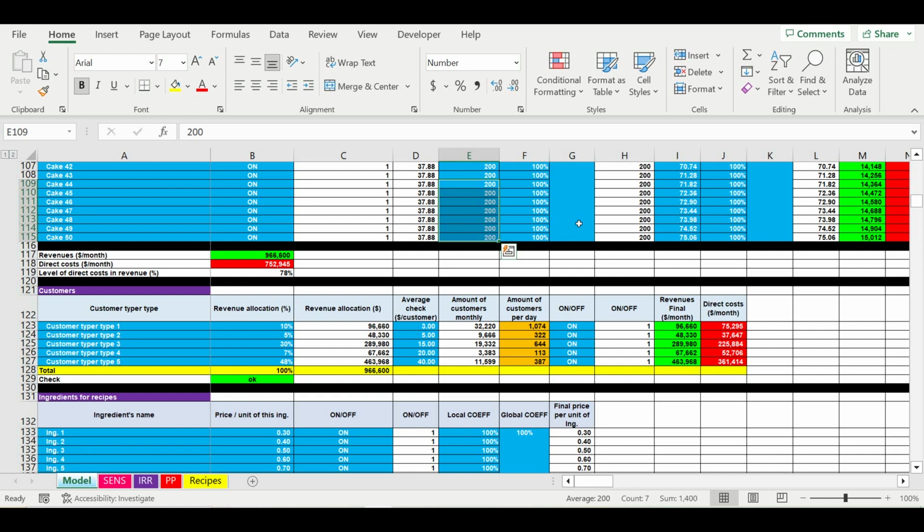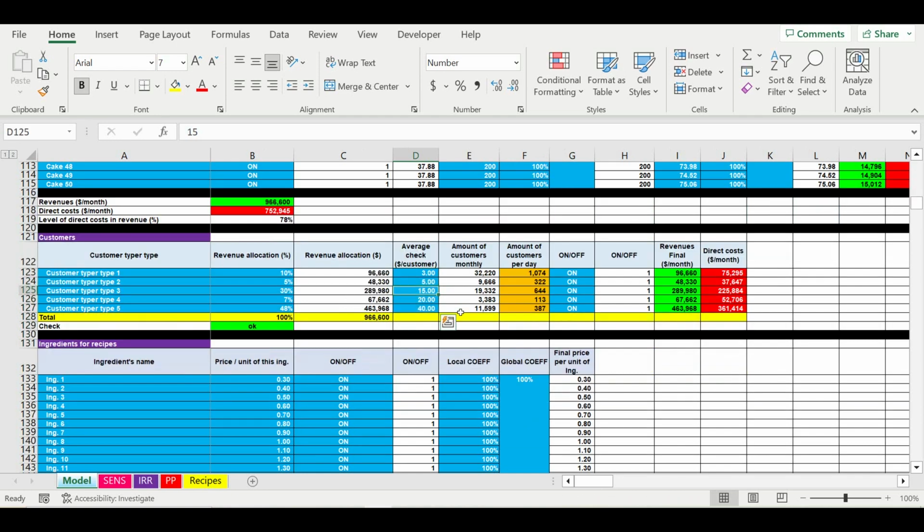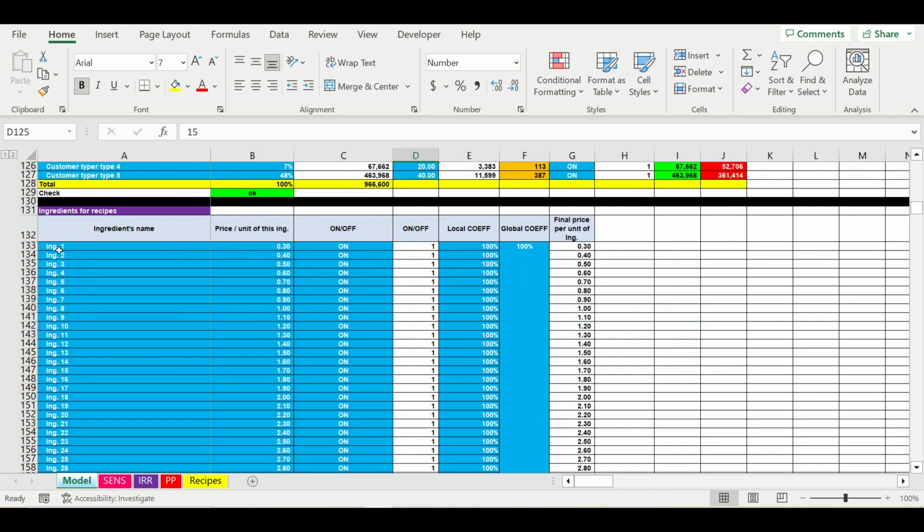And then you put back the base values of all the coefficients. A lot of new information is found during the stage of scenario modeling and playing with all these coefficients. Then we have the list of ingredients, and we can switch them on and off from calculations.